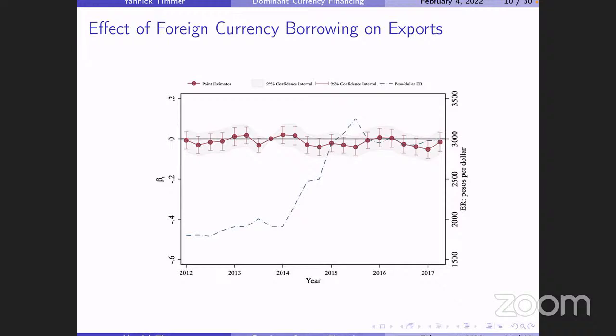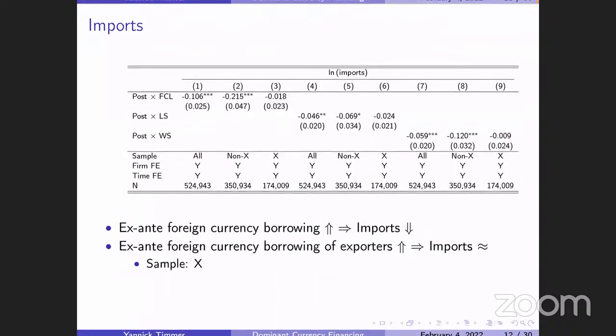The coefficient is always very close to zero, and the confidence intervals always overlap with zero, meaning that we do not find any strong effect of foreign currency borrowing on exports. So now let's move to imports.